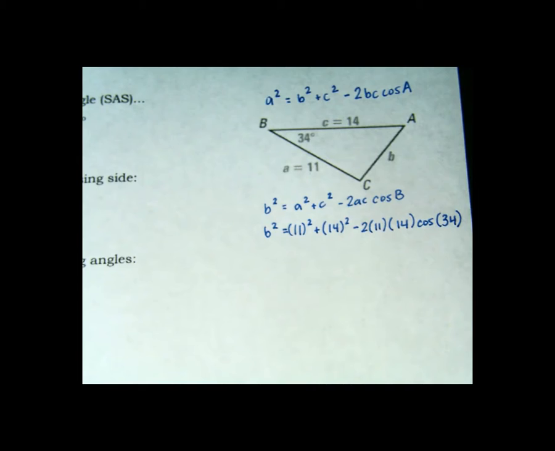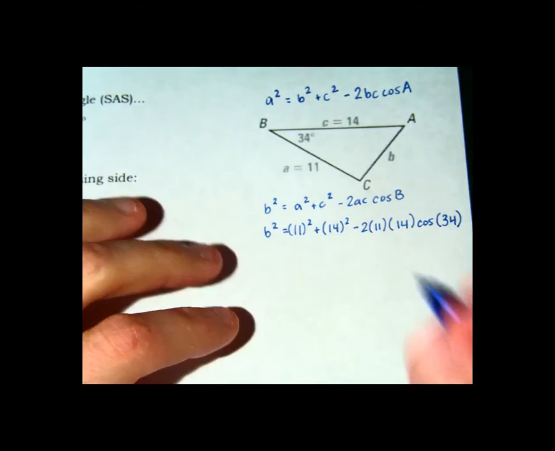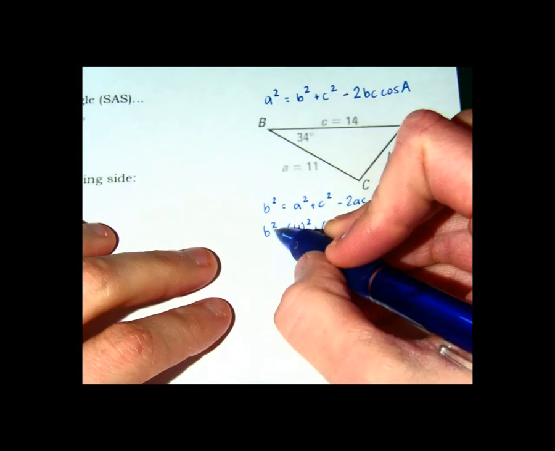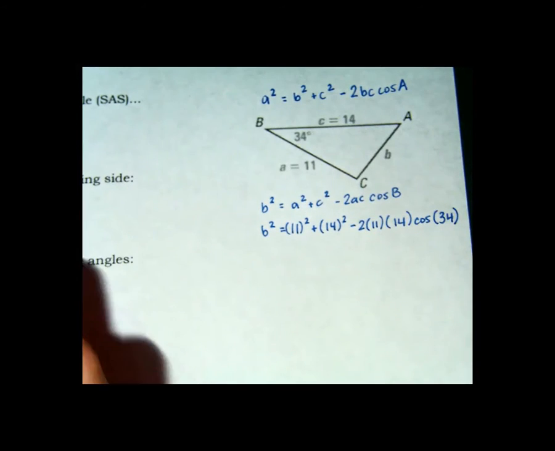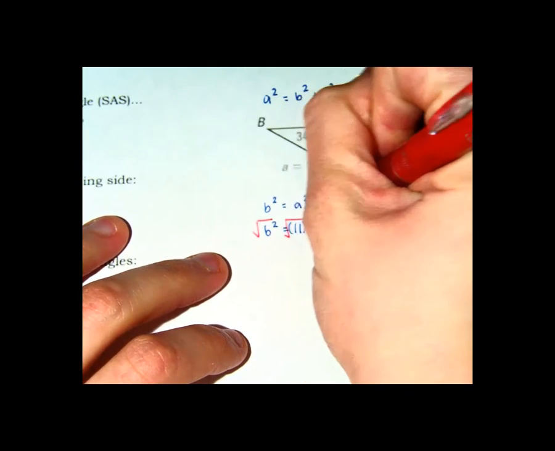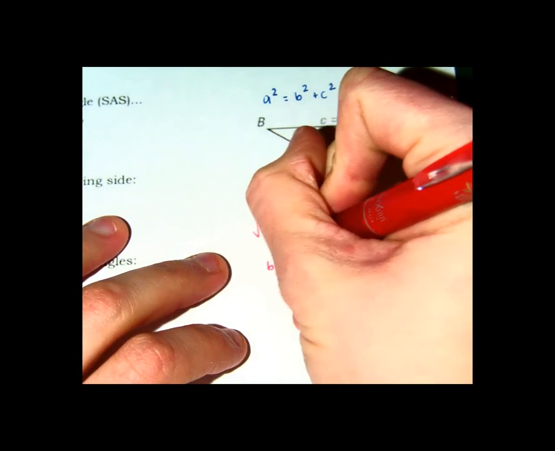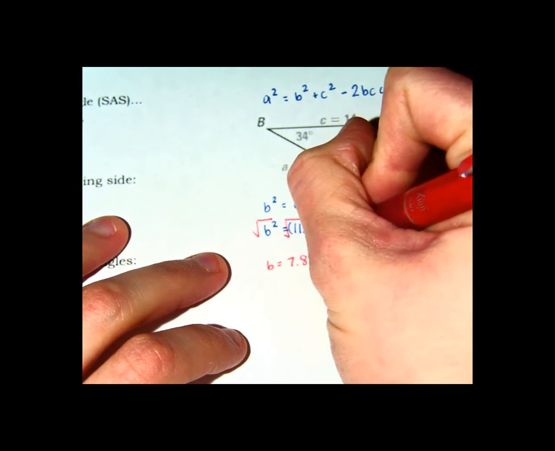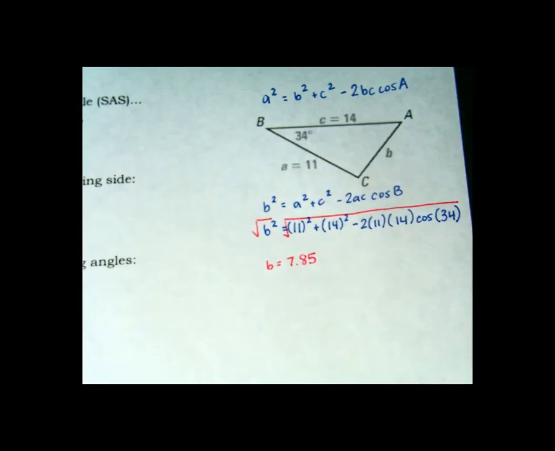The formula looks more complicated, but the work is not as complicated. It's really not that bad. Alright, before you round, what are we going to actually have to do to find B? Square root. So square root that number. 7 point what? Alright, and I'll let you round to 2 decimals. I'll let you round to 2 today.